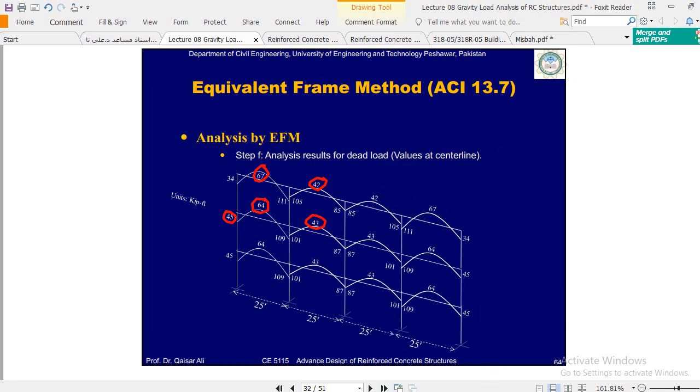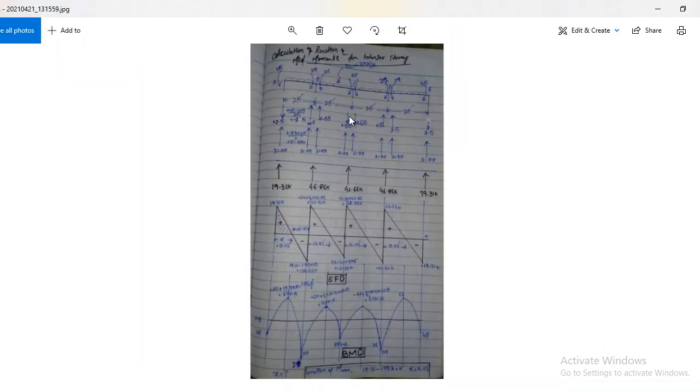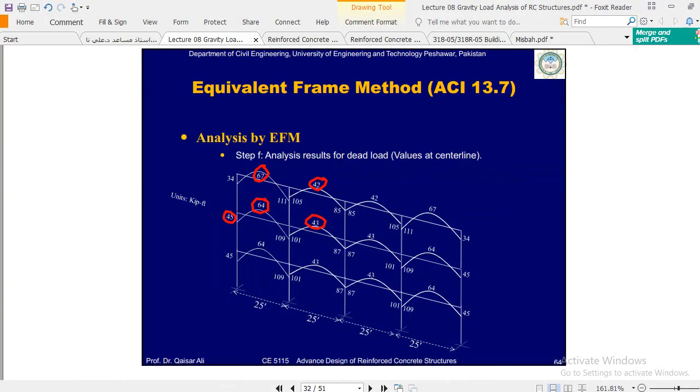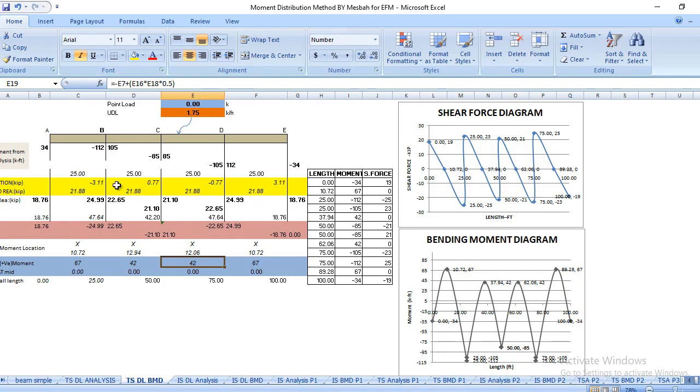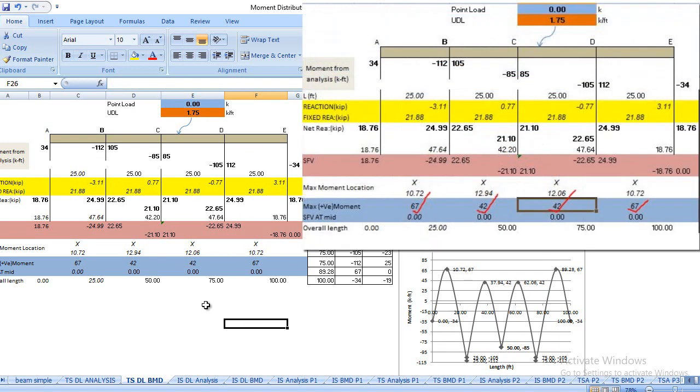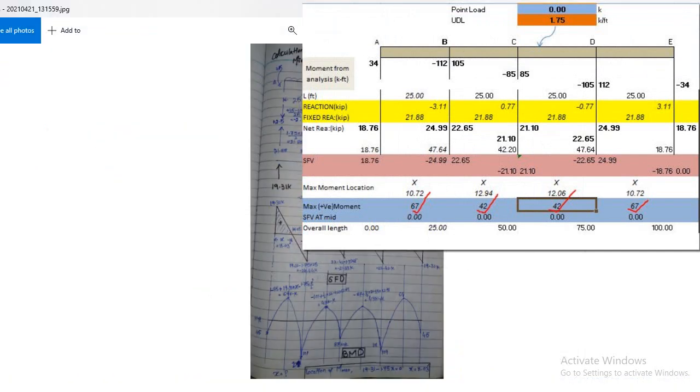So I shared the calculation basically for only one interior story, and for the top story I did the same calculation in my Excel sheet. It makes the calculation easy because otherwise I have to draw these diagrams again, and this is a very lengthy procedure.